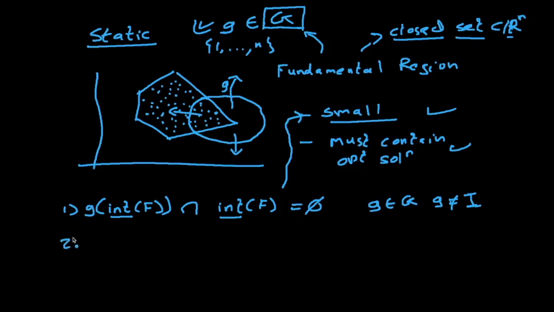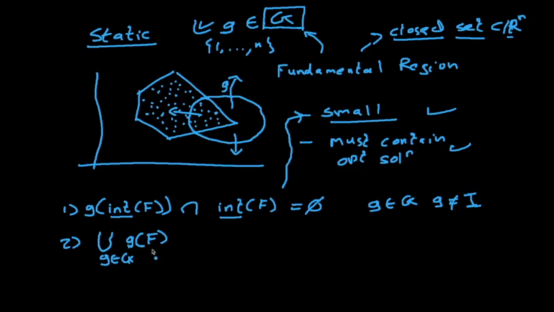Okay, and there is another property. It goes like this: if I take the union of applying G to the points in F, over all such permutations G in my group, so these are all my symmetric groups, taking the image of this fundamental region under G and the union of all such G's.